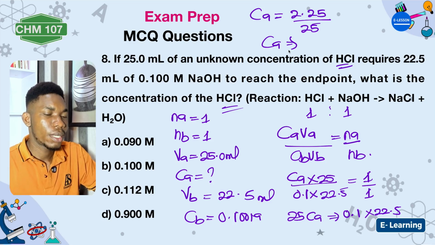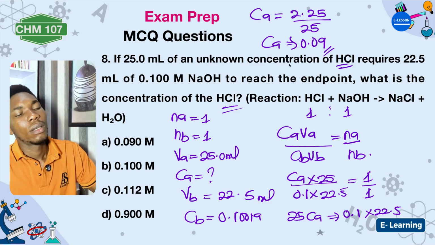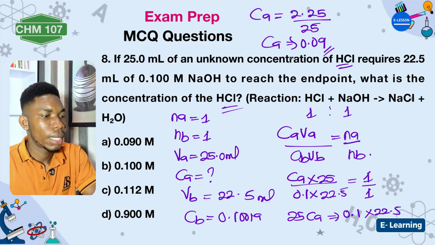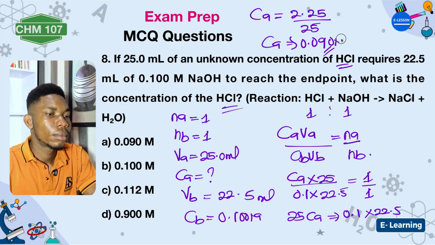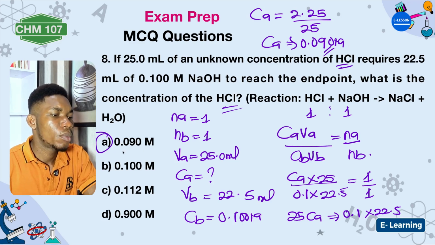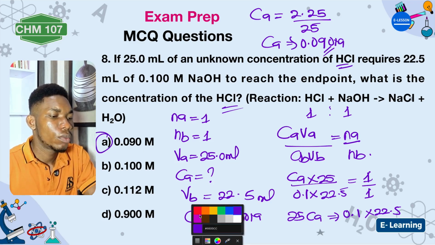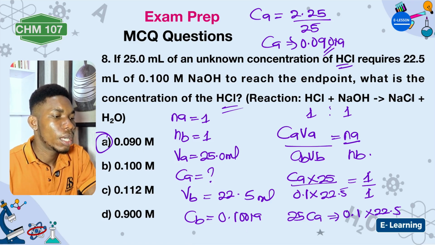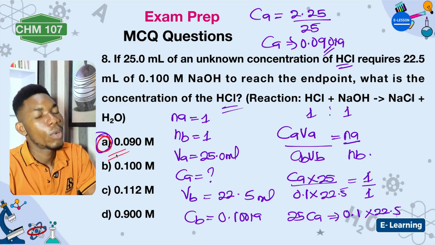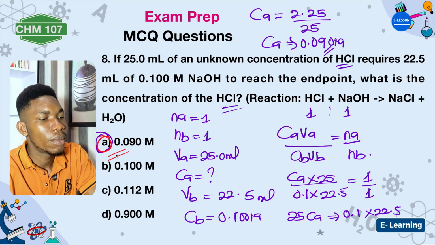That will give us 0.09. All right, 0.09 molar. So the correct answer is 0.09 molar, which is option A. It's a very simple thing, right?